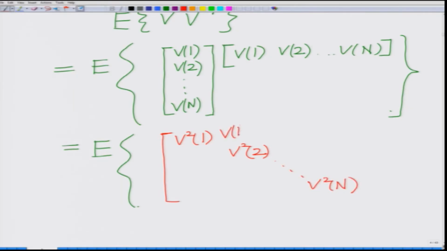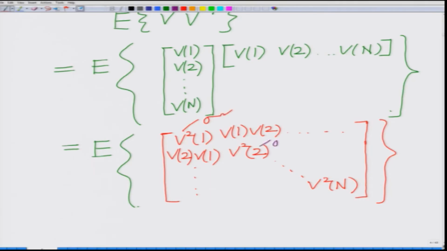On the off diagonal, you have V1 V2, you have V2 V1. Now, if I take the expectation operator inside, all the diagonal elements, the expected values of V1 square, V2 square, and so on, are sigma square.